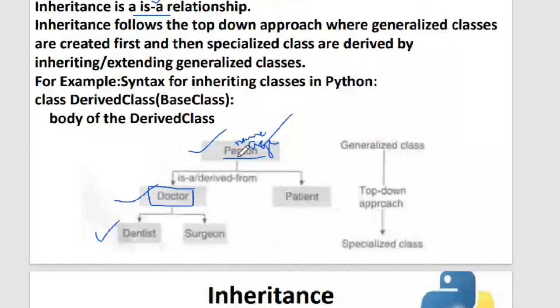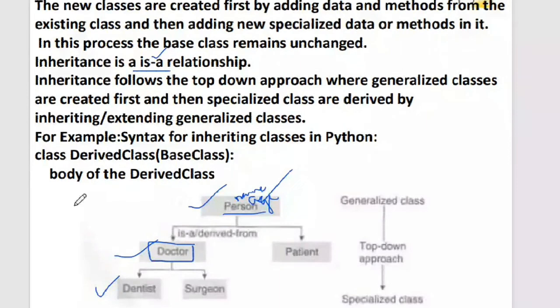Person is the generalized class, and as we move down the hierarchy, you will get more specialized concepts in the classes. Person is more general, and here you have made it a bit special: the person is a doctor. At the next level, the doctor is a dentist.